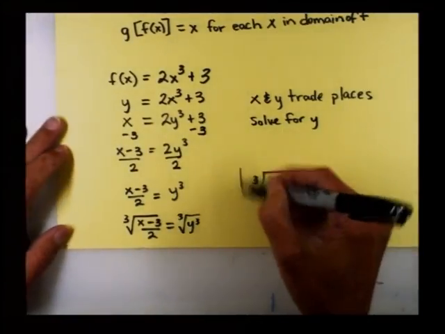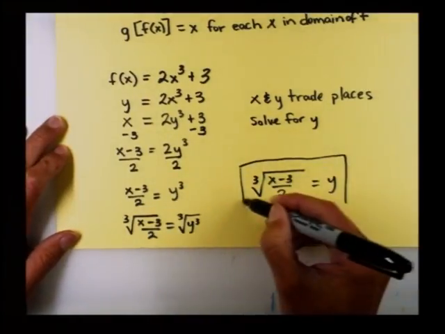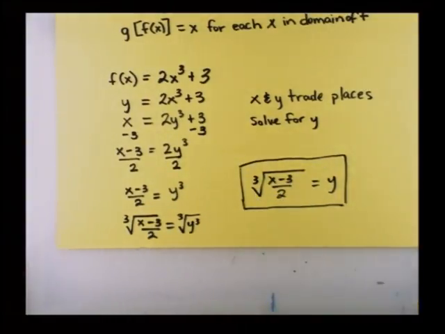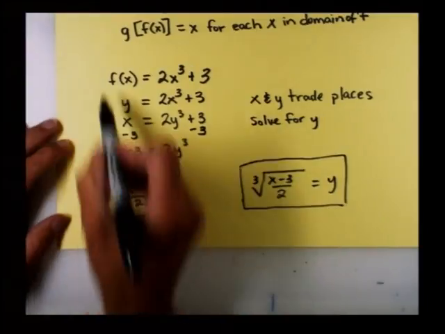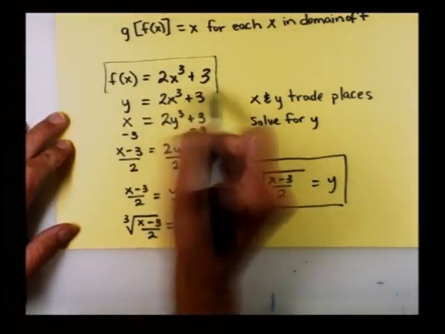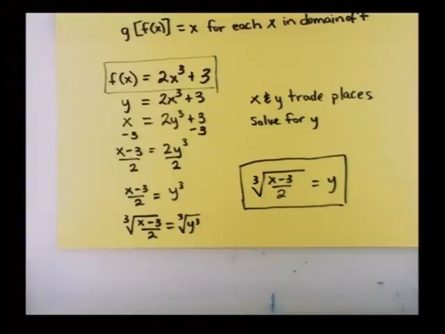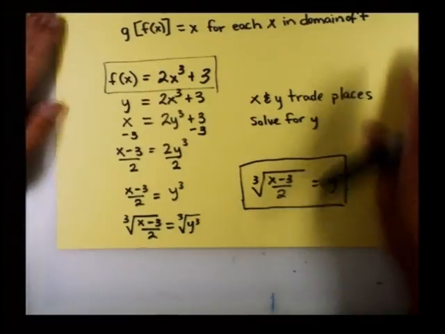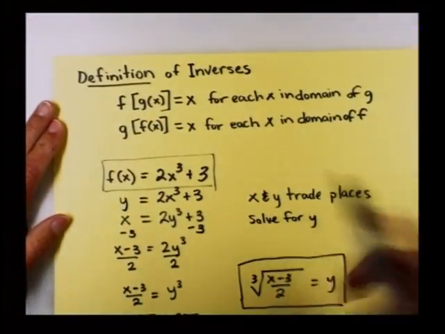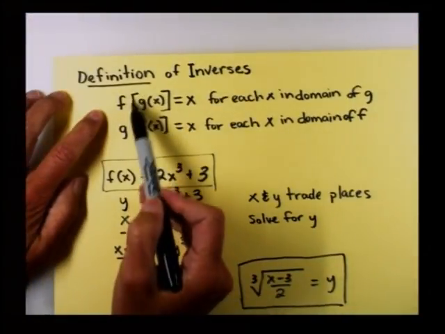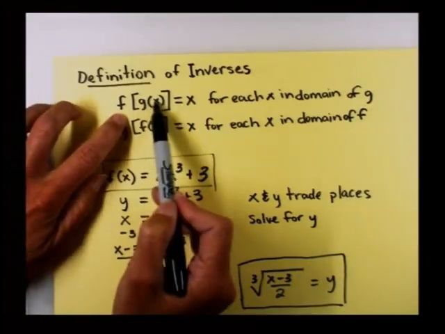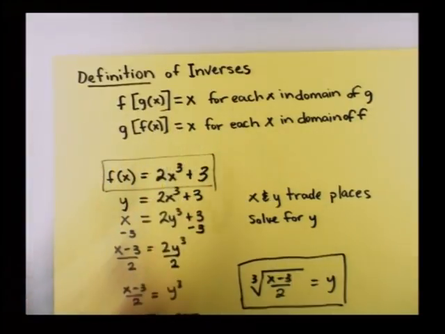This equation that we solved for here is the inverse of this equation. They are inverses of each other. Now, our definition said that if we take one equation here and plug it into the other, we should end up with x.